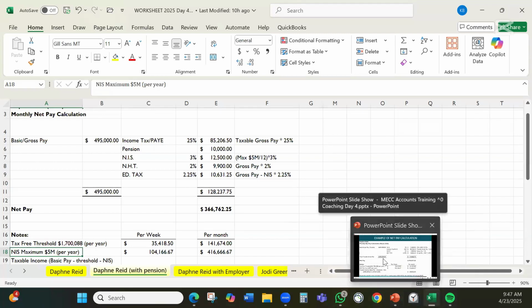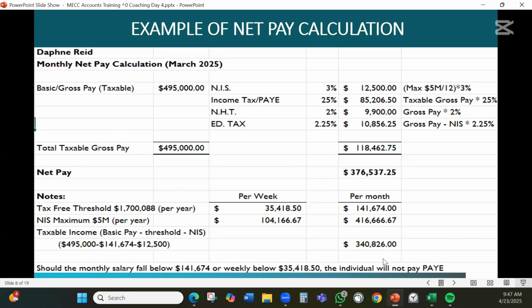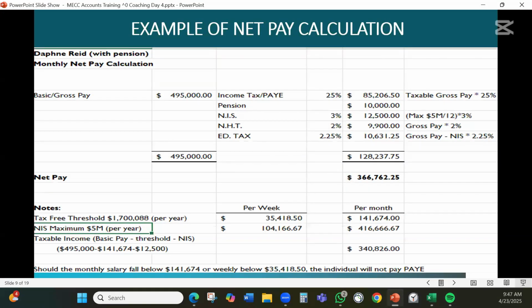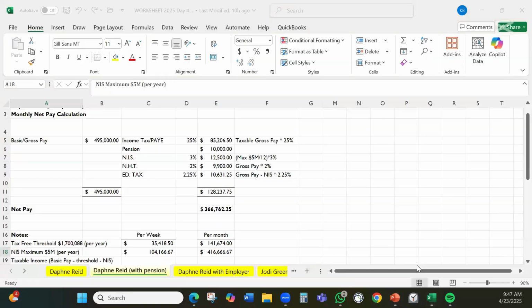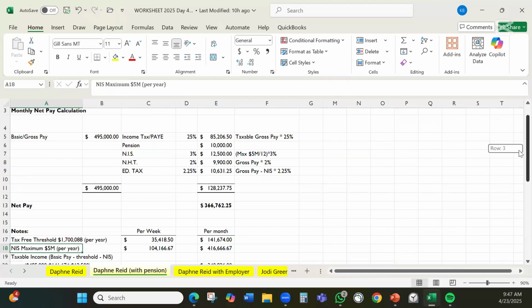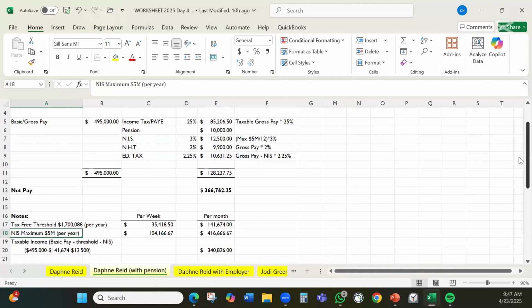Here's my slide. All right, so here we are now. What we had there is similar, and I need to fix this because now she has a pension of 10,000.